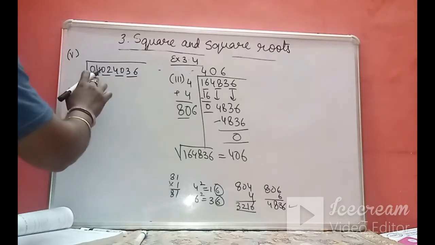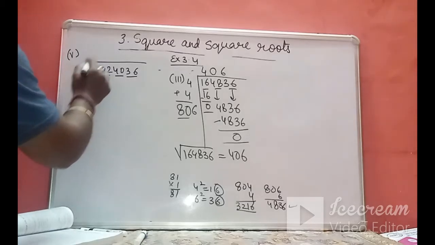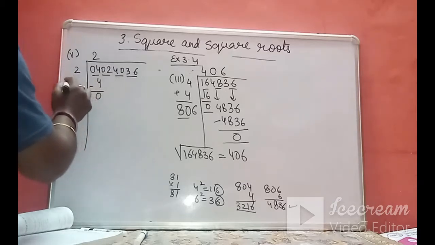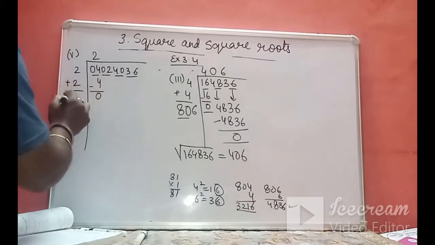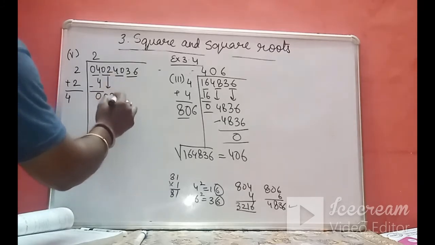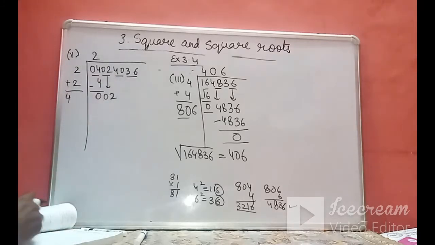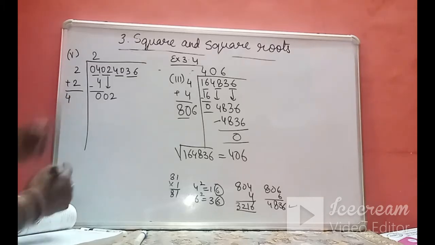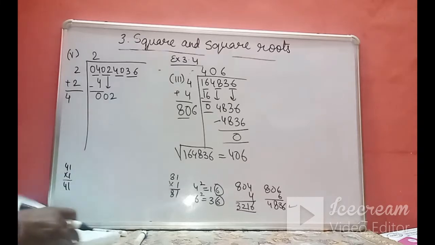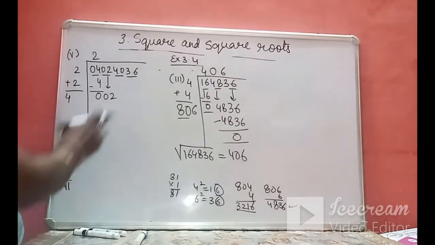Now I will find the nearest square of 4, that is 2 into 2 is 4. We will subtract, I will get a 0, then this 2 will come here, then 4. Then which pair will come? 0 2. Now if I put 1 here, so it becomes 41 into 1, that is 41. Okay, this is much bigger.